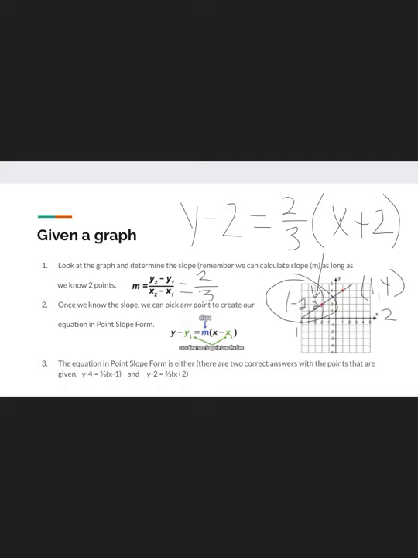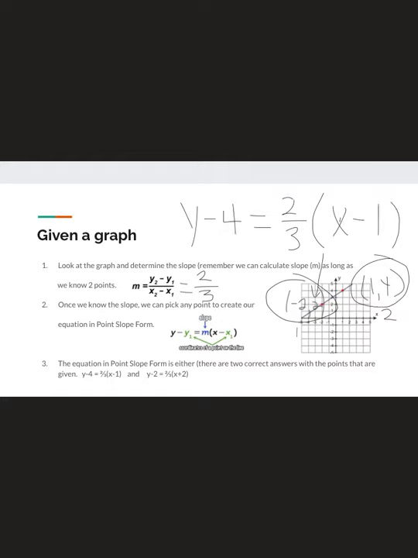Now, if you had picked this as your point, then your equation is going to look a little bit different, but it actually is an equation for the same line. And I'm just going to fill in the numbers so you see what it looks like.